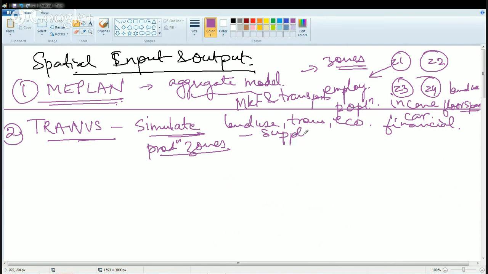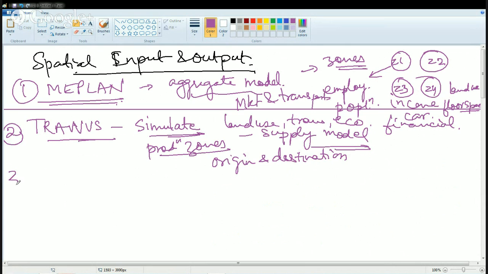As Lowry was a demand-driven model, TRANUS is a supply model where you try to simulate the expected behavior. How much should be supplied to a particular area in order to get the best out of it. So there is a production path between the origin and the destination. So that is what it is trying to explain under the TRANUS model.